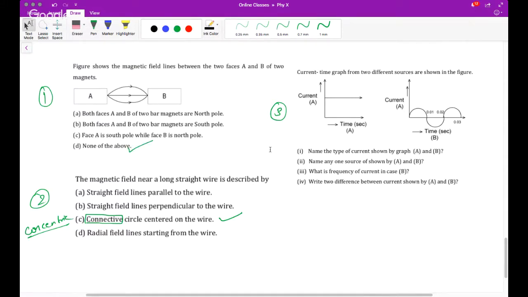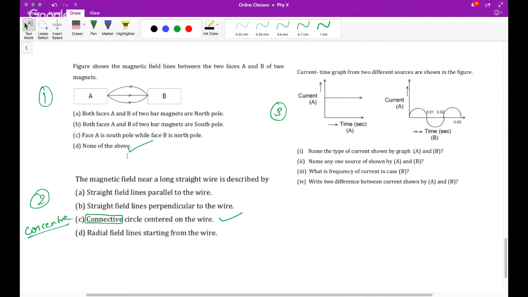Now, question number 3. A is DC. Why? Because the current's magnitude and direction are both constant with time. Direct current. And B is AC. Perfect. Name any source of the current shown by A. What is the source of A?